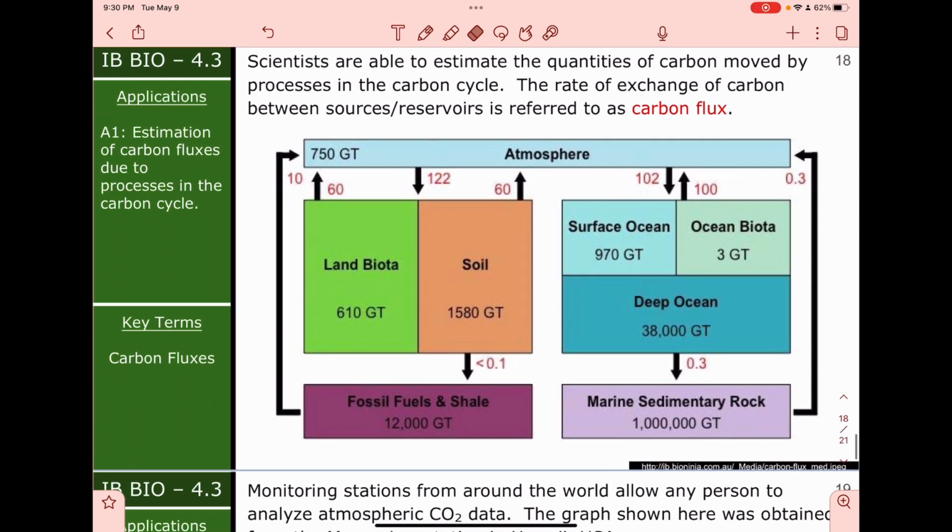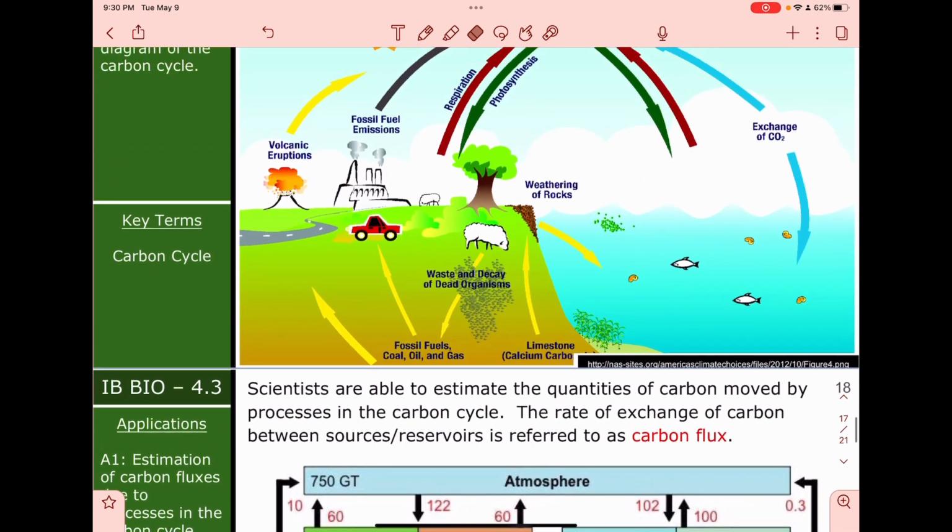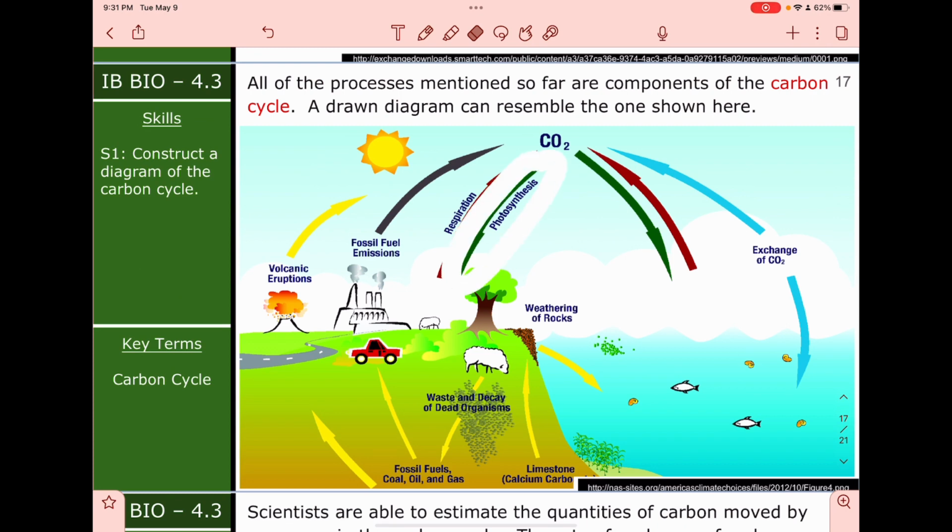So scientists are able to estimate the quantities of carbon that are being moved around in these processes that we're talking about right here: photosynthesis, cellular respiration, combustion. Then we have our storage here. You have the absorption of carbon dioxide in the ocean, the emission of carbon dioxide from the ocean.